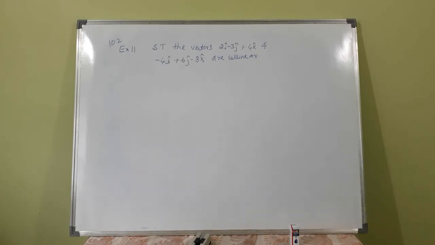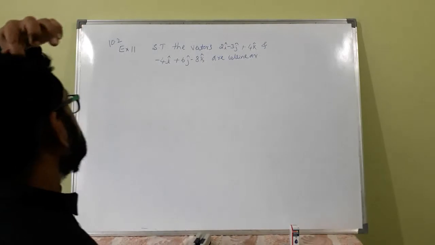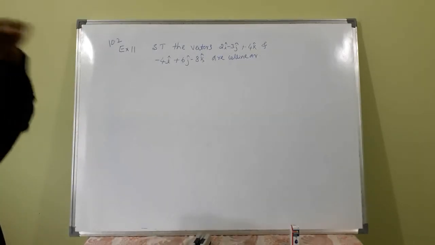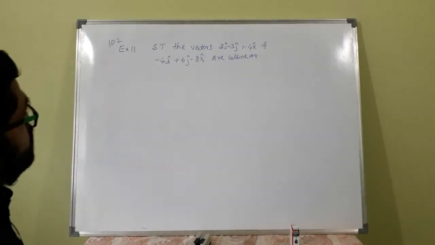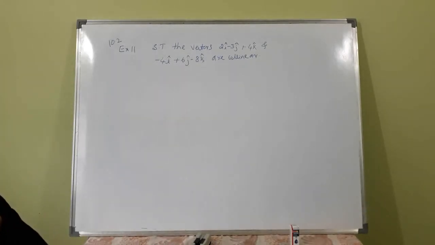The 11th one is: show that the vectors 2i minus 3j plus 4k and minus 4i plus 6j minus 8k are collinear. When do you say that two vectors are collinear or parallel?